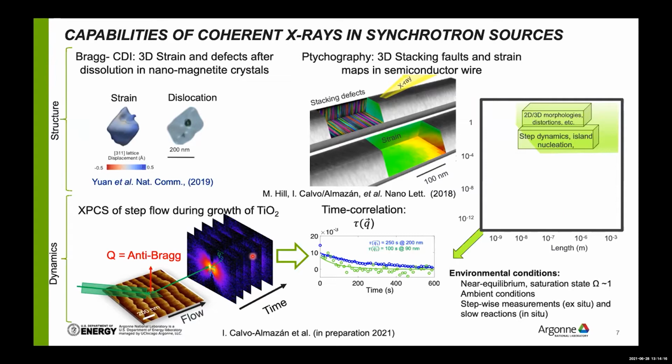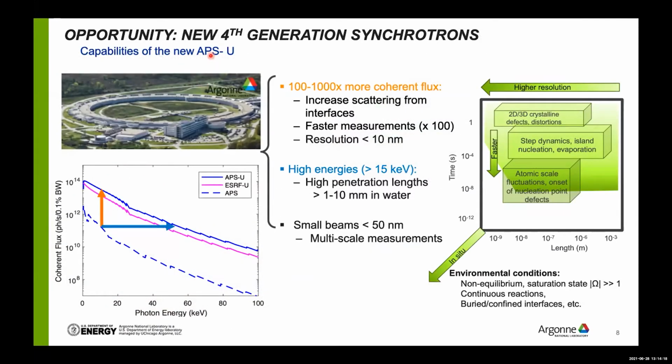Now, in new synchrotrons like the APSU, we will have between 2 and 3 orders of magnitude gain in coherent flux. So this will enable us to increase the scattering from interfaces, perform faster measurements, and a higher spatial resolution, which will expand importantly the window of length and time scales which can be observed with coherent X-rays.